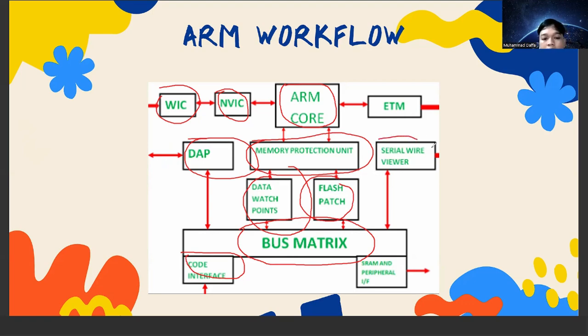The serial wire viewer provides direct access to the data output, which is used to track application performance serially. And the ETM, or embedded trace macrocell, captures detailed information about the course of program execution, or trace, for analysis.